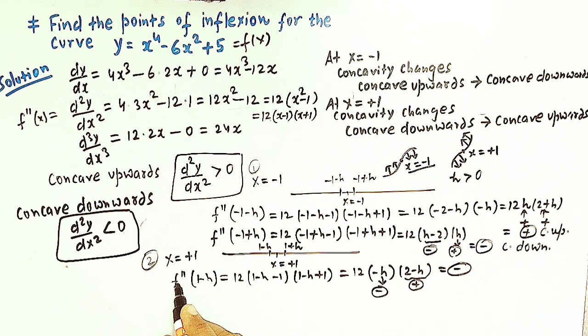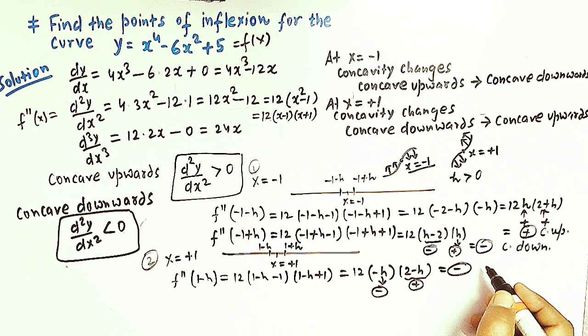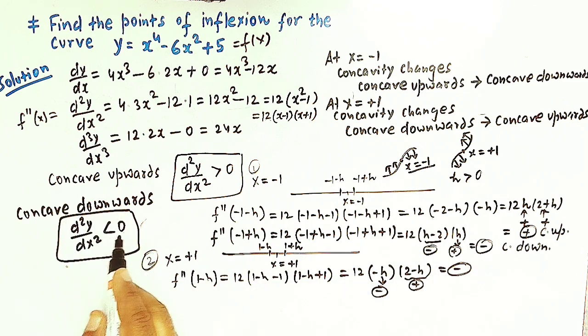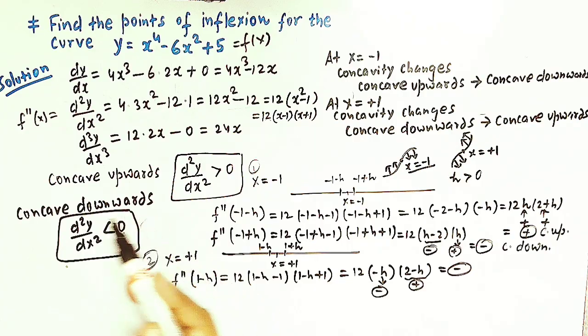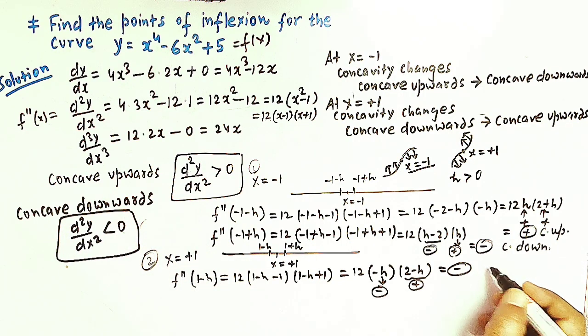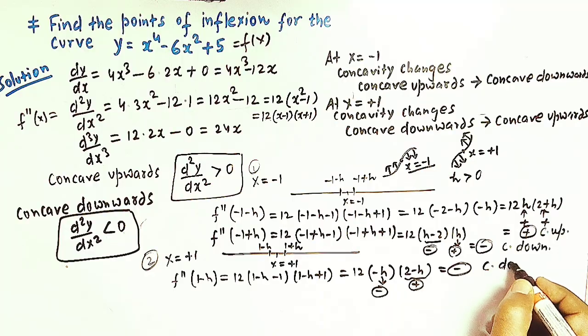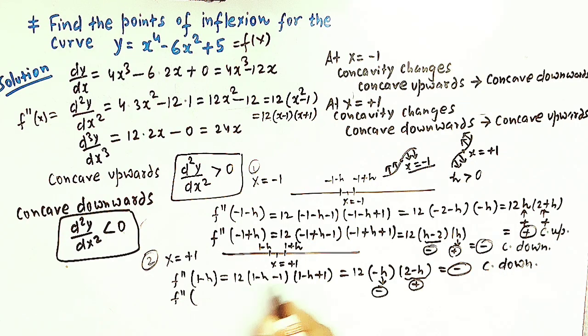So the second derivative is negative, and when the second derivative is negative, then the function is concave downwards. So here we have concave downwards.